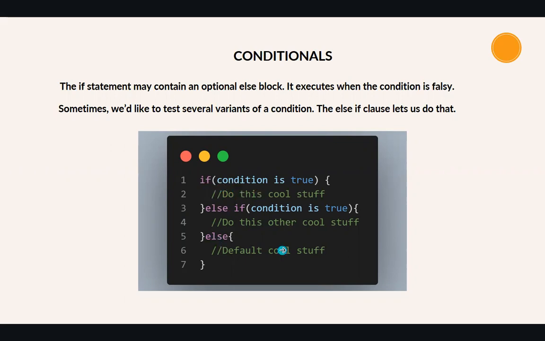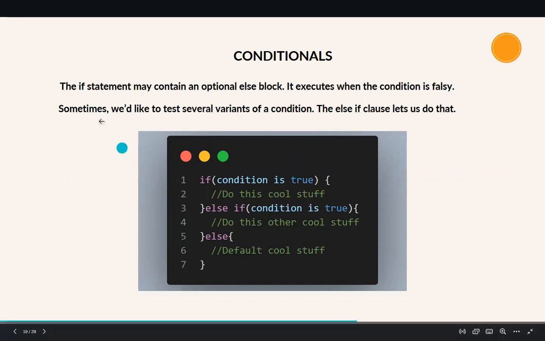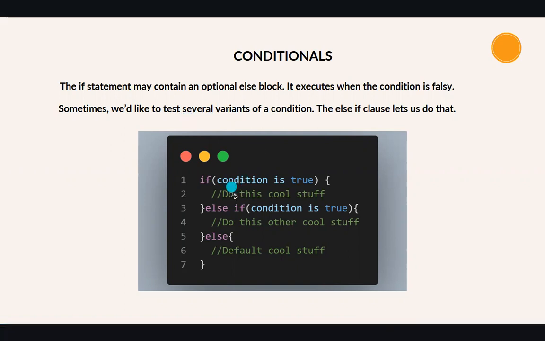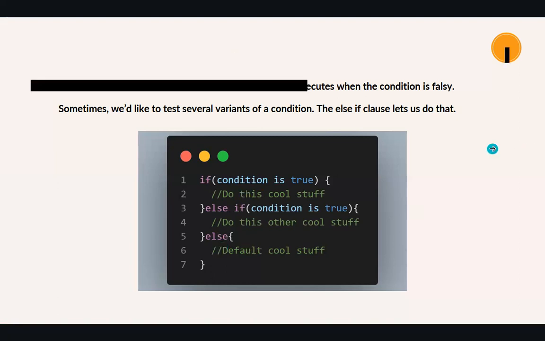But if you wanted to give it multiple other things to check first, you can add an else if. The if statement may contain an optional else block. It only executes when the condition is false. So if this is falsy, then you do other things. You can also check for several variants of the condition, so you can check for multiple things in the else if block before you finally run what you are doing if your condition is false.